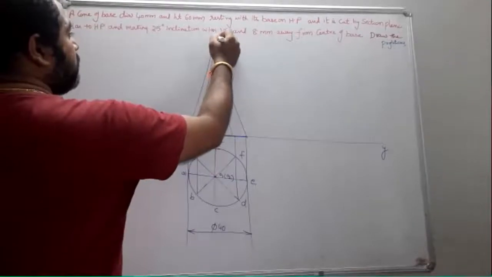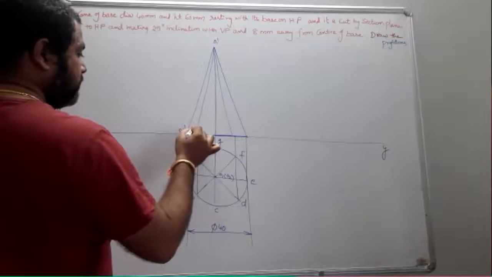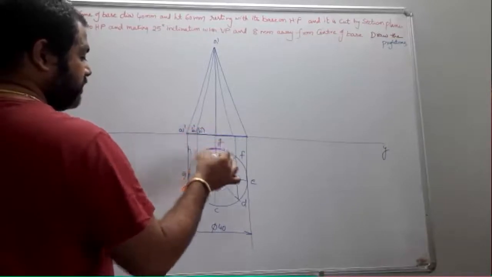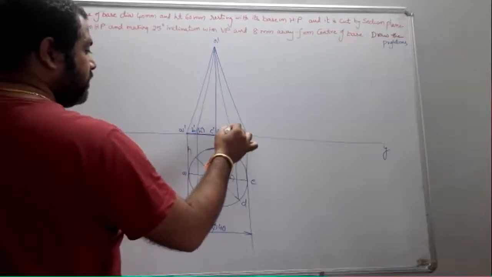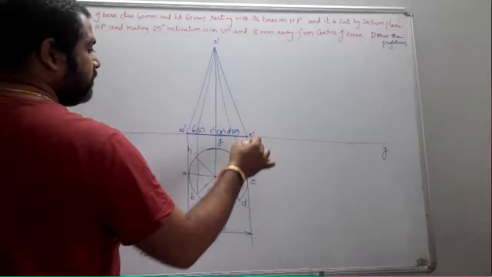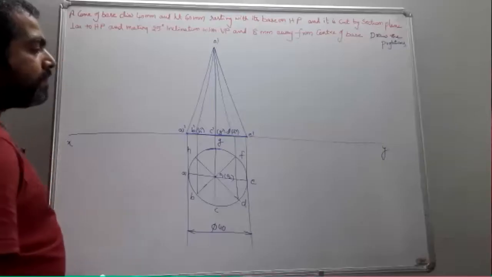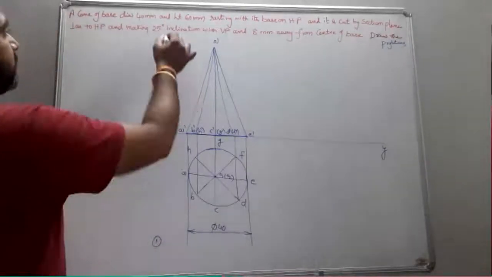So this was O1 dash. So this becomes your A dash. This is B dash of H dash. This is C dash of G dash. This is D dash of F dash, and it is E dash. Okay. So this was your step 1 and it is step 2.